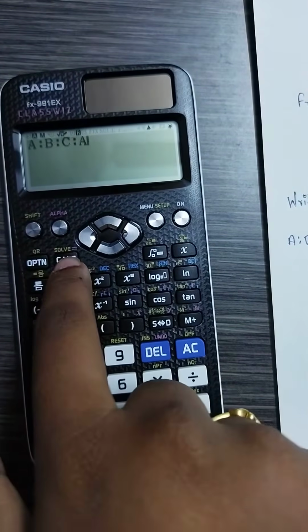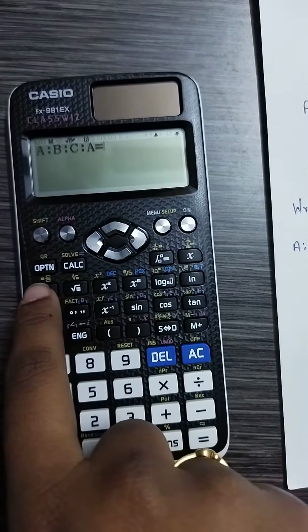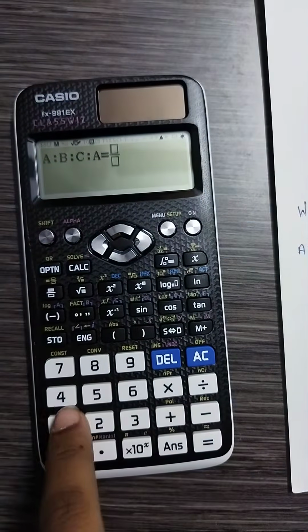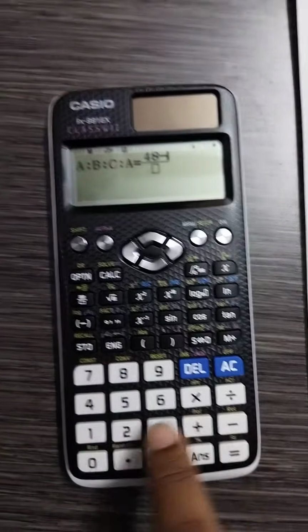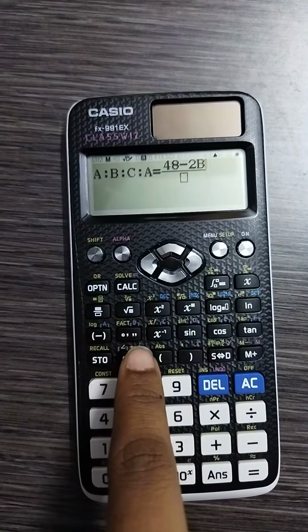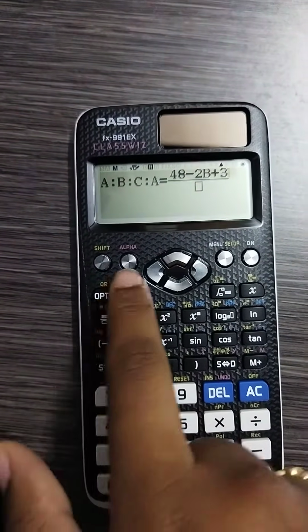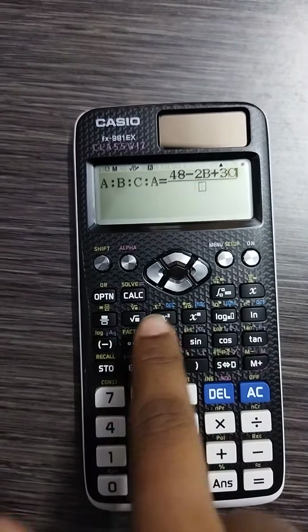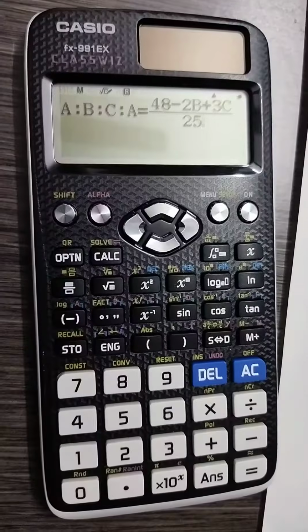Now alpha equals to, we have, you can see here the symbol, just press it. Now we have 48 minus 2 alpha b plus 3 alpha c, come down, 25.